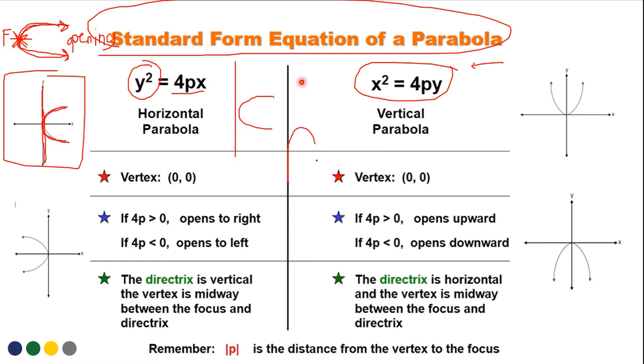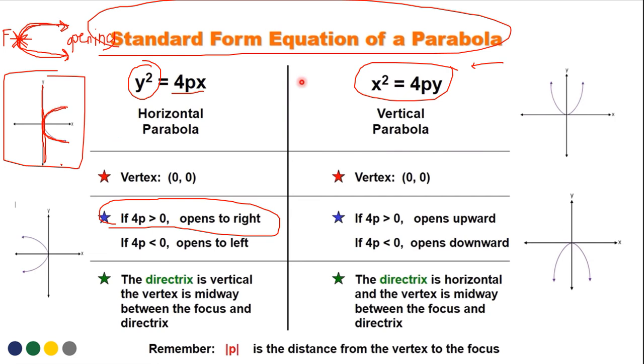Sir, paano pag nakaharap siya sa x? O yan. Ibig sabihin po, x yung may squared. So, malalaman natin yan isa-isa. So, again, we have 4 opening ng ating parabola. Yung una, opens to the right if 4p is positive. Okay? If it is positive, you need to say it opens to the right.